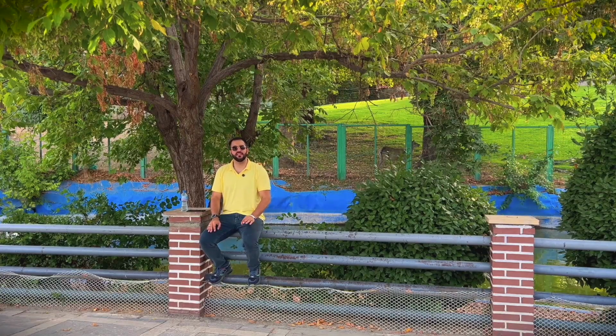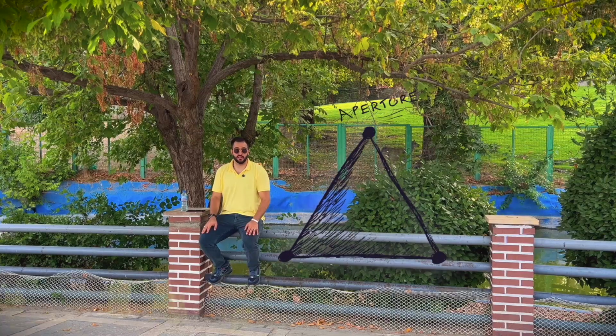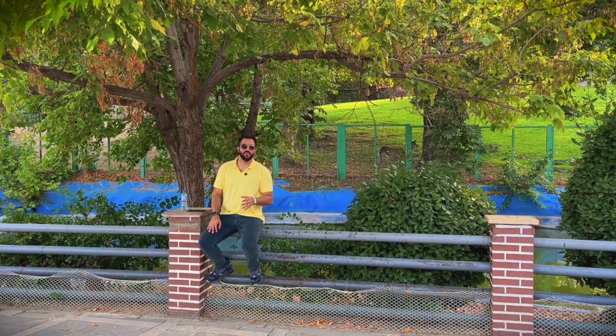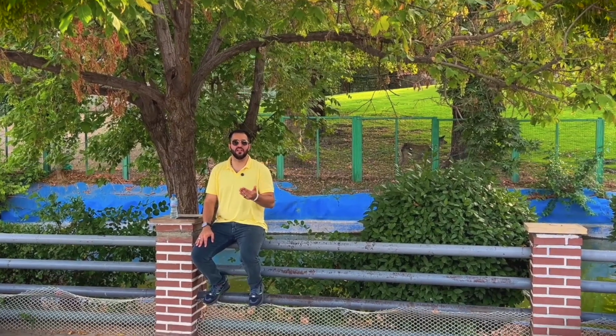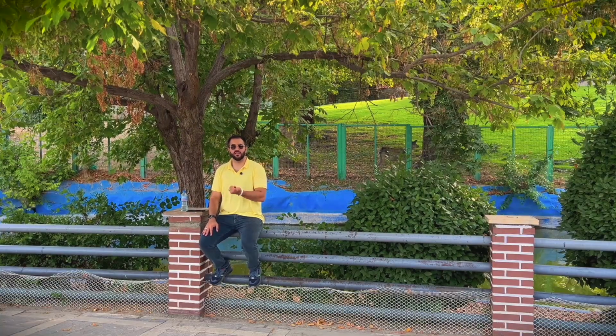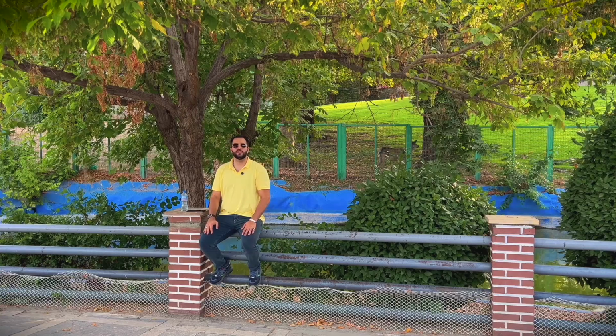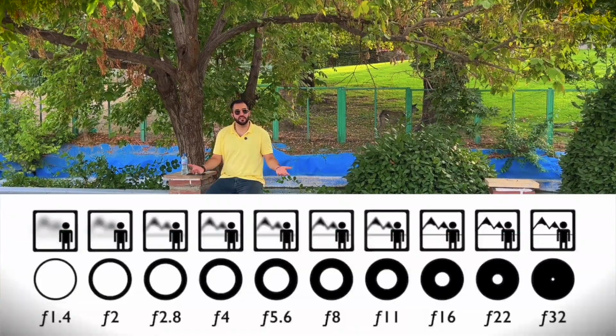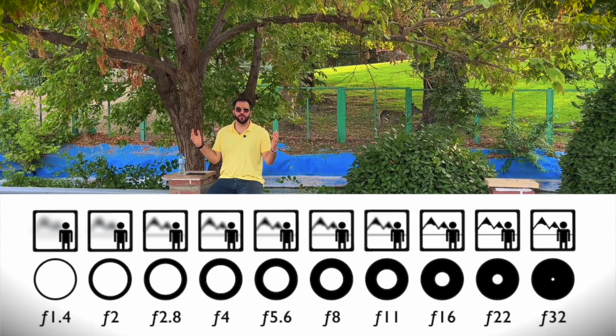Aperture is the second head of the exposure triangle. Aperture refers to the opening in your lens that lets light into the camera. It's measured in f-stops like f/2.8 or f/16. A lower f-stop means a larger opening.